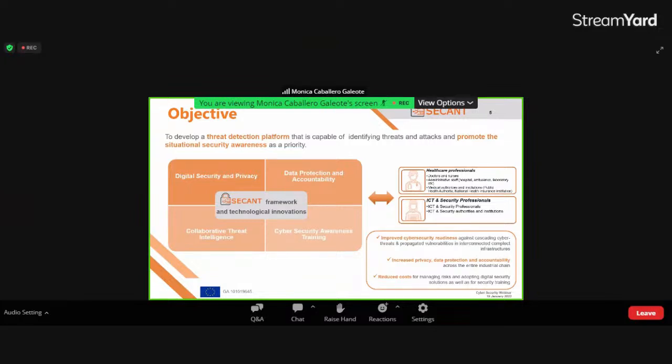Through these pillars, SECAN will provide its direct end users, the healthcare professionals and the ICT and security professionals, as well as the stakeholders in the healthcare value chain, improved cybersecurity readiness, increased privacy and data protection across the entire chain, and reduced costs for managing risk, adopting digital security solutions, and security training.